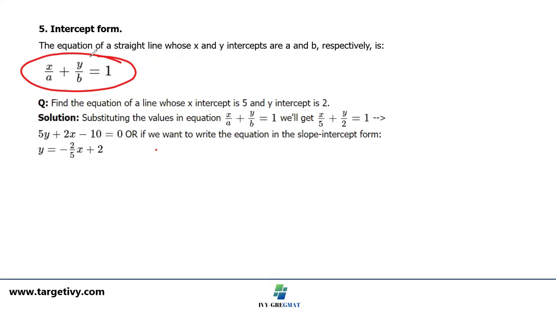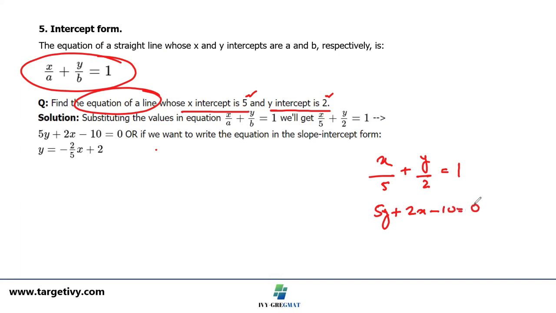Let's see. Find the equation of a straight line whose x-intercept is 5 and y-intercept is 2. Not to delve much, the x-intercept is 5, meaning the line touches the x-axis at 5. The y-intercept is 2, so it touches the y-axis at 2. So we can substitute x by 5 plus y by 2 is equal to 1. So the equation will become 2x plus 5y minus 10 is equal to 0.